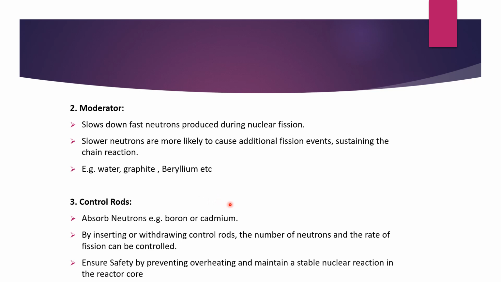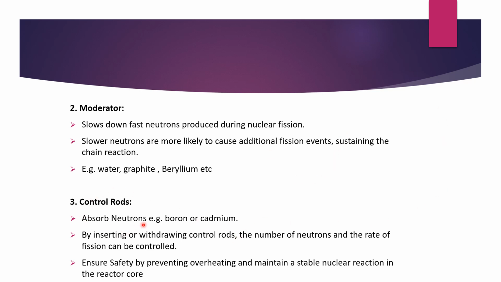The next one is the control rod. Rods are made of materials like boron and cadmium. What are they controlling? They are controlling neutrons, by absorbing them. Why is there a need to absorb the neutrons? Because if the neutrons are not absorbed, a great many neutrons will be available for the next fission reaction, and that will cause further fission reactions.